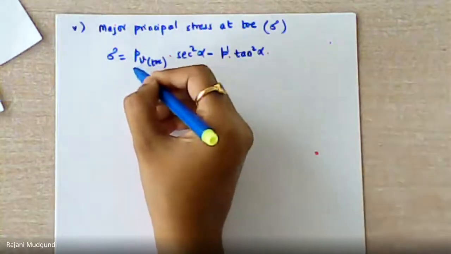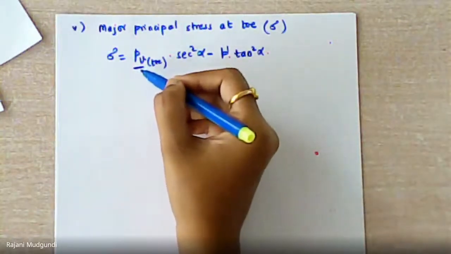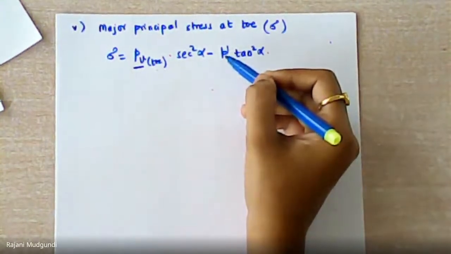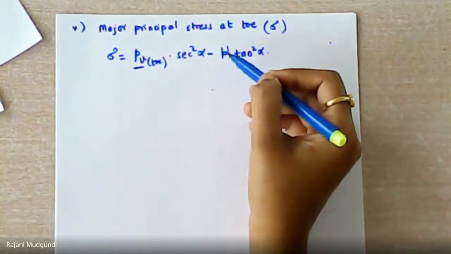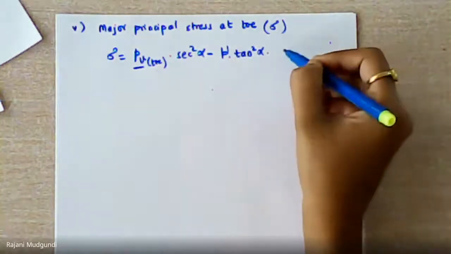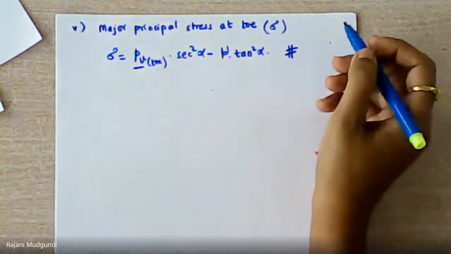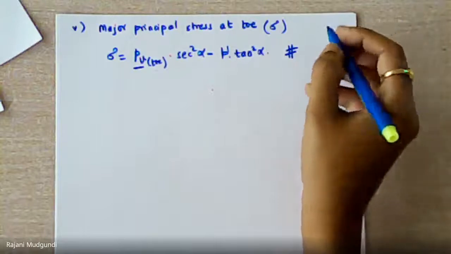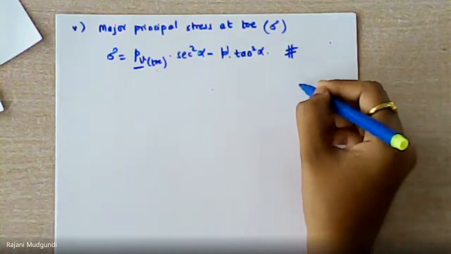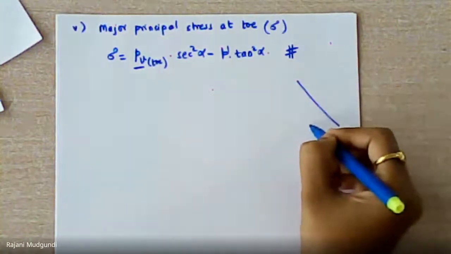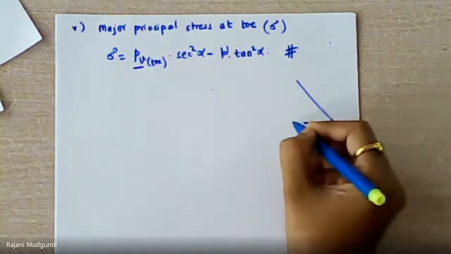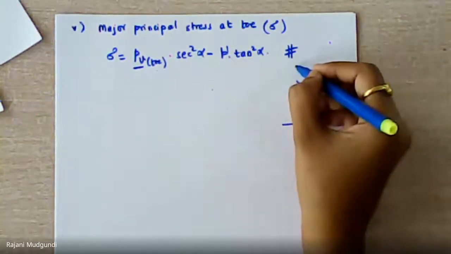Now in this, PV is nothing but the vertical stress developed at toe. P dash is nothing but the hydrostatic pressure at tail. This formula has been derived by considering the major principal plane as the downstream toe portion. So I will draw a small exaggerated figure for the downstream toe portion itself.